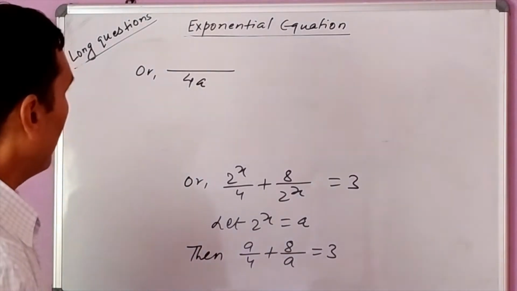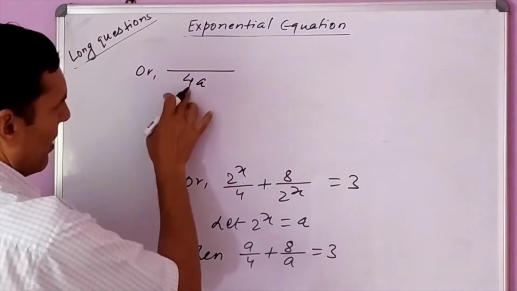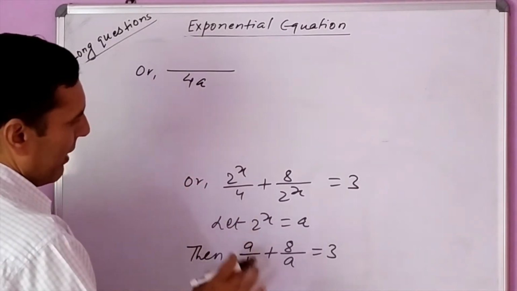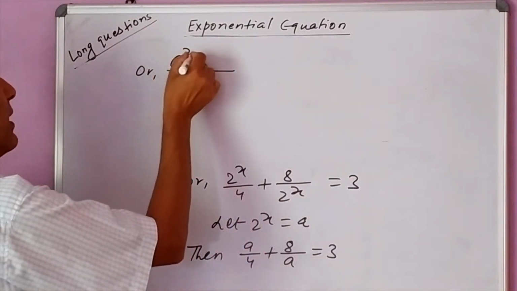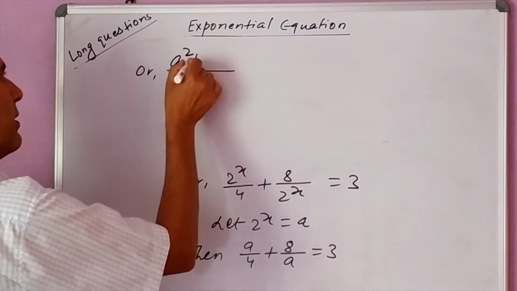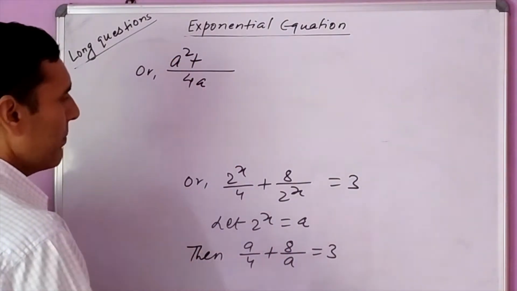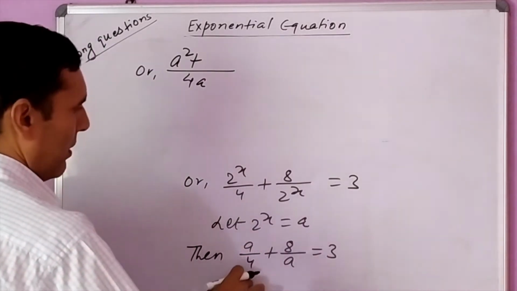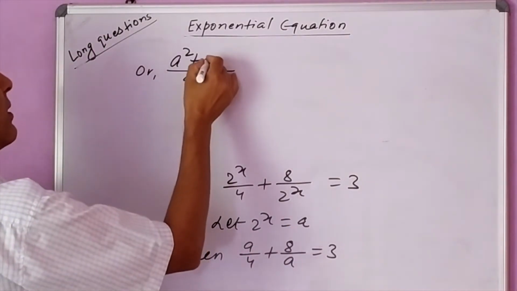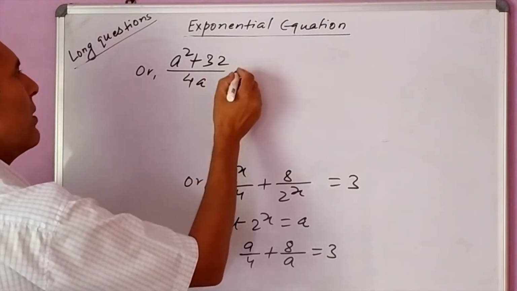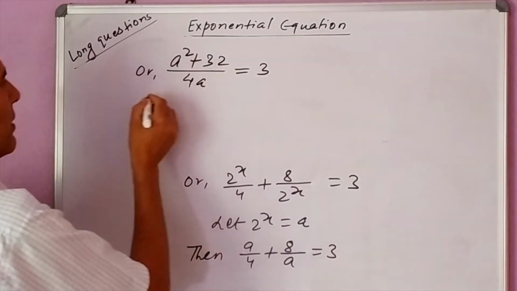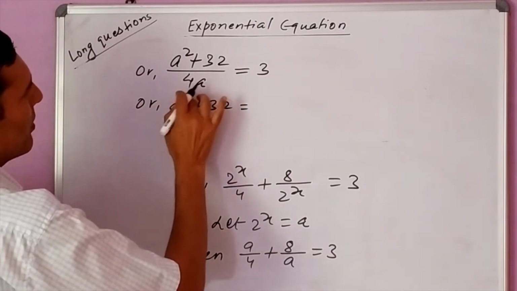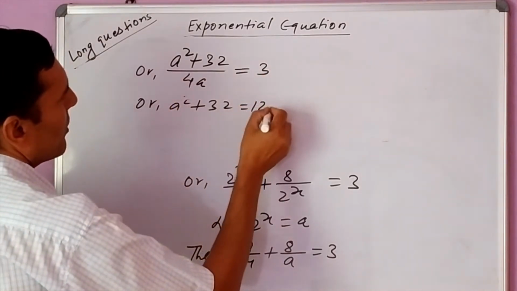So after taking 4a common, if you divide this LCM by the denominator, 4 cancels and a into a, a square, will be remaining; in the second term a cancels, 4 will be remaining there, 4 into 8, 32, is equal to 3. Or a square plus 32 is equal to, if we do the cross multiplication, 12a.